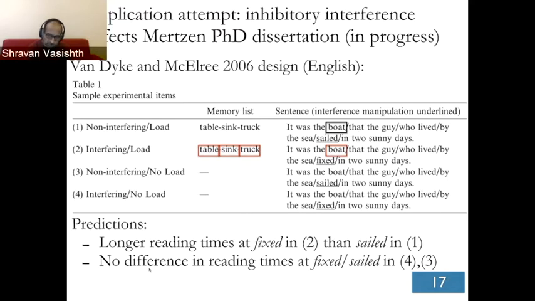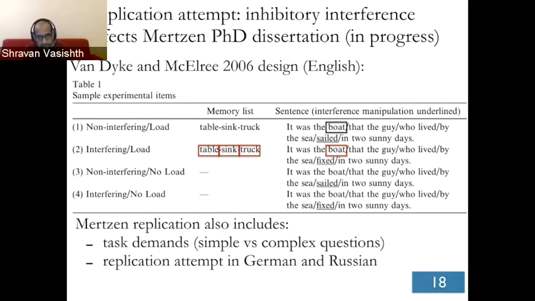So this was the design that we tried to replicate in English. One of my PhD students is working on this right now. She's finished the English experiment, so I'm going to tell you the results. What my student, Daniela Madsen, did is that she also added a task manipulation.